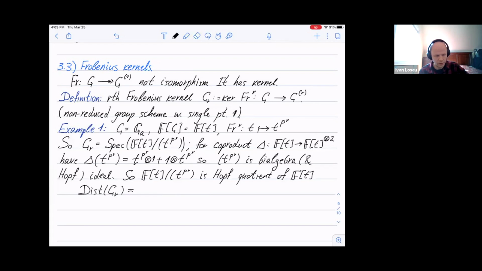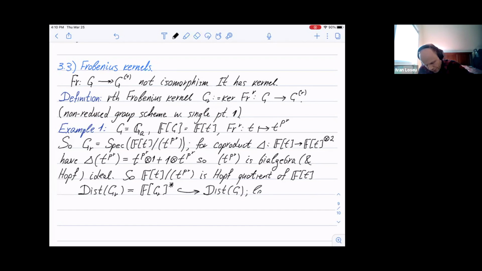Now we no longer need to consider the finite part because everything is finite dimensional. So the distribution algebra in this case is just the full dual, and in fact it sits inside the distribution algebra of G, because G_r sits in it as a subgroup scheme. How does this embedding work? What is this subalgebra?